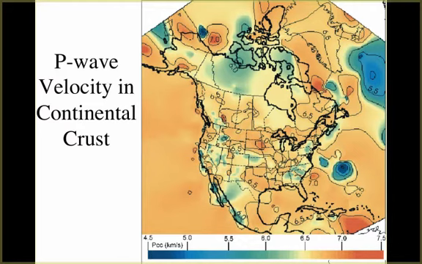Whereas the areas of continental rifting and the Basin and Range have lower seismic velocities, corresponding to less dense rocks and younger intrusions, and so you get the slower velocities that correspond to that.